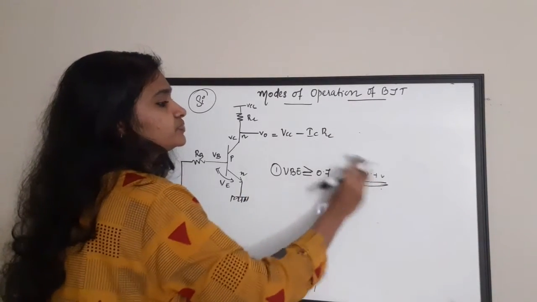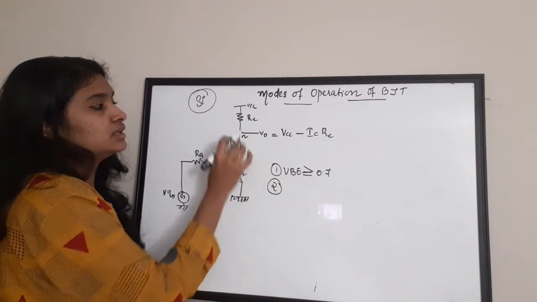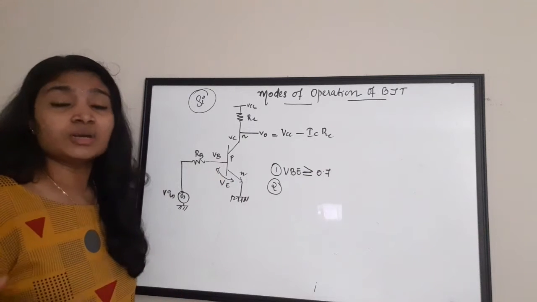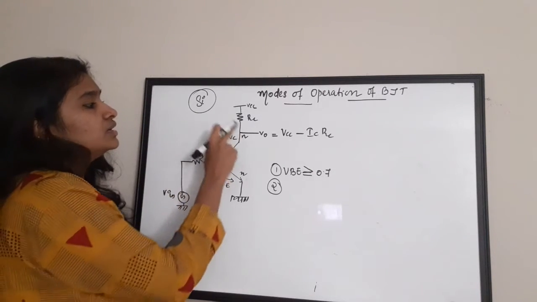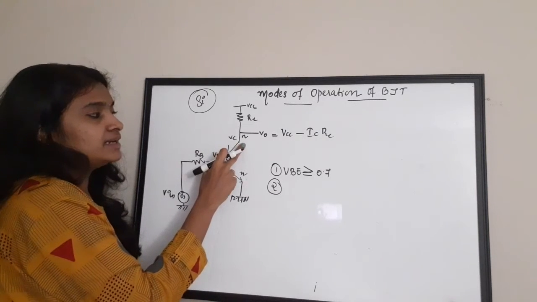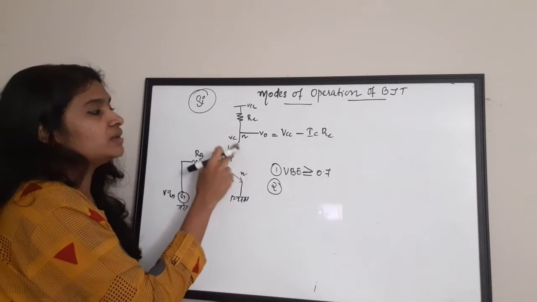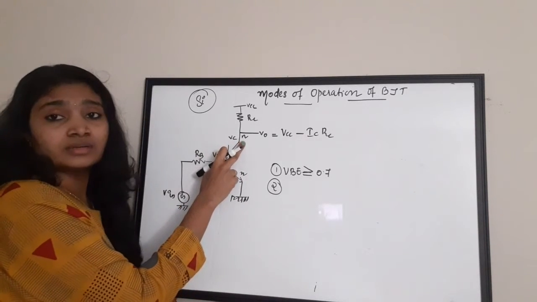Next, we need to make this junction, that is the collector base junction, as what bias? Reverse bias, right? So, if you look at the collector side, I am using an NPN transistor. So, for an NPN transistor, we need to make the N side as what bias?